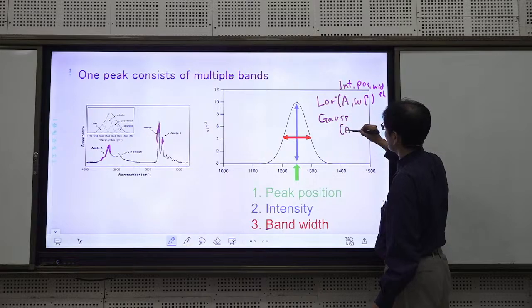It is also the case at a given wave number.